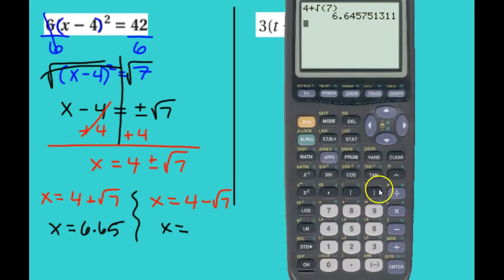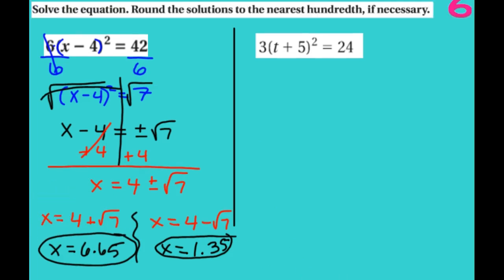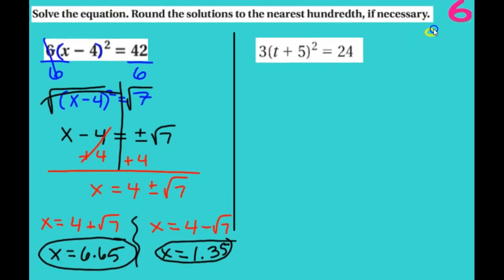And then same thing but with a negative, 4 minus the square root of 7 would be 1.35. And it's okay if these answers aren't anything near each other, because our graph could cross the x-axis at any point. I would like you to try this one on your own and then click play to see if you got it right, or check with a neighbor first.